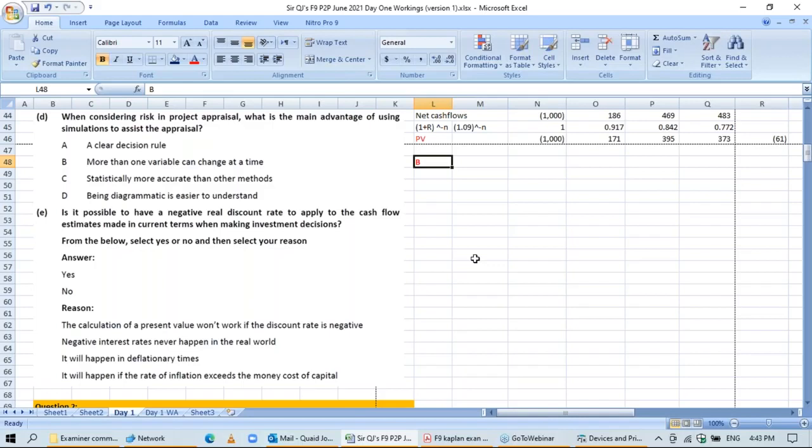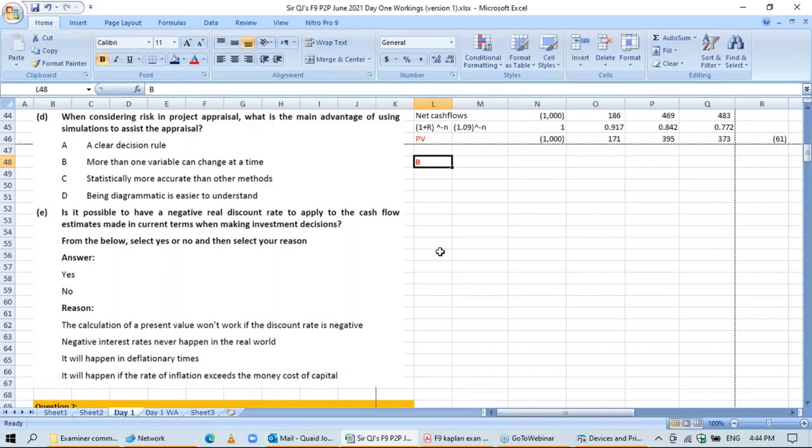But suppose the inflation rate is negative, the prices of the products in the market are falling. What happens then? If the real rate is 6% and the inflation rate is -9% or -7%, then the cost of capital will get negative. The real cost of capital gets negative if the inflation rate is high.